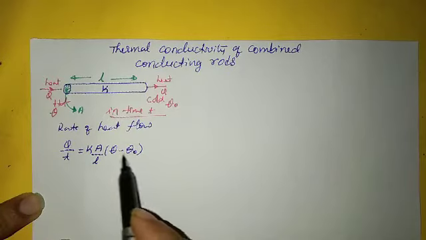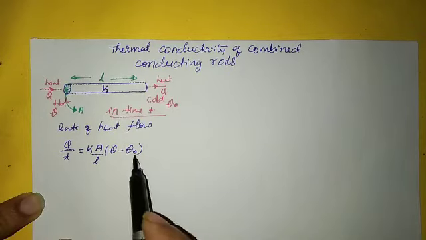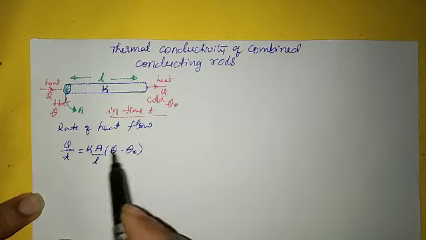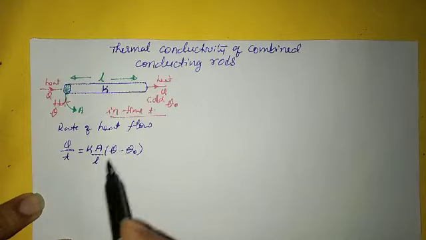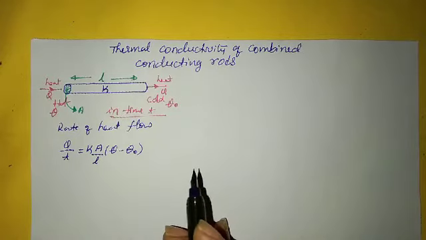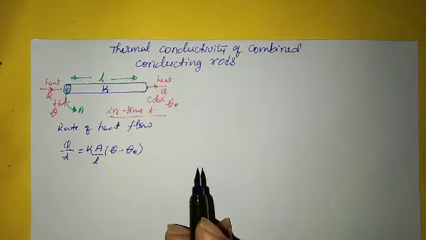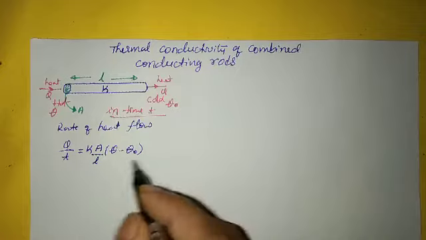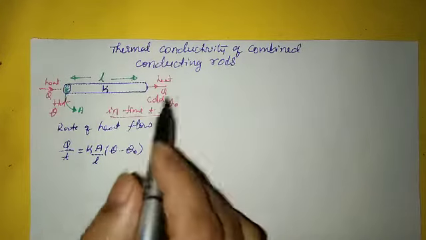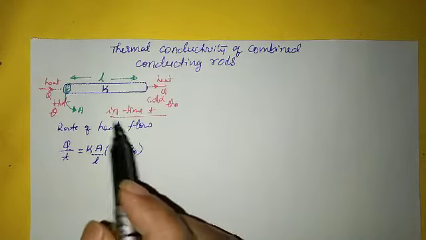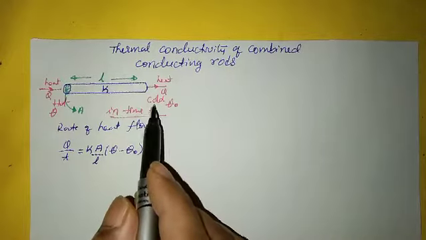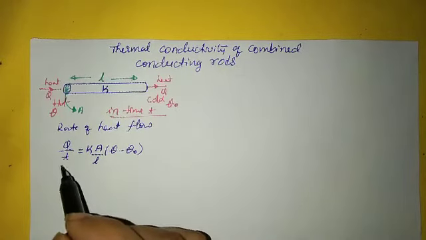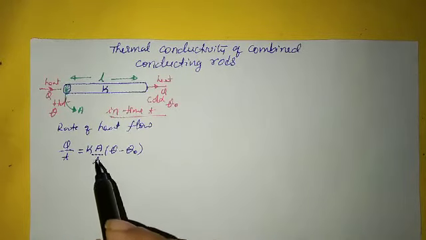This is the temperature difference, theta minus theta O, divided by L. If I combine these together, this is a temperature gradient. The more the temperature gradient, the more the heat current. So if the temperature difference is large, the flow of heat will be more.